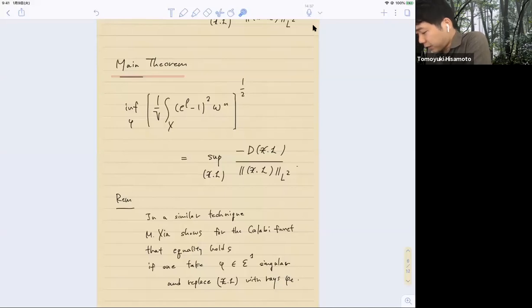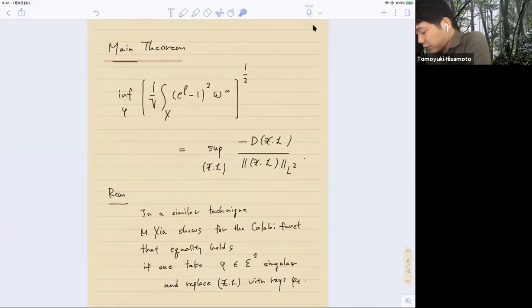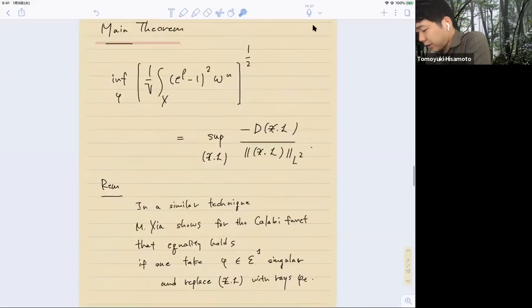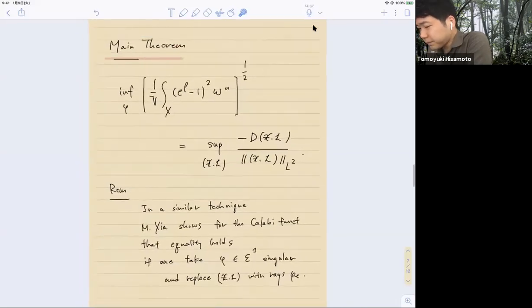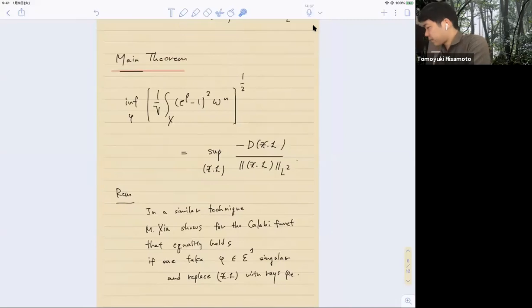So it's not a world of algebraic geometry, but if you replace the right-hand side with some analytic corresponding quantity, then you have the equality. So that's the statement of the main result. In the rest of the talk, I'd like to give some sketch of the proof.